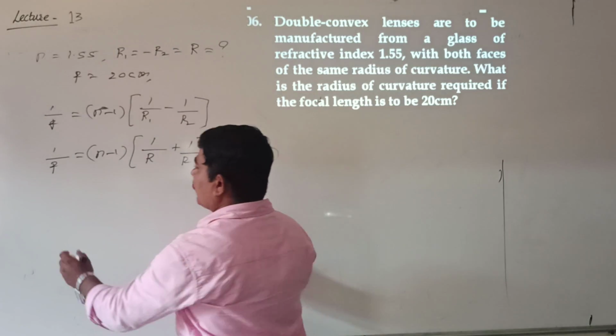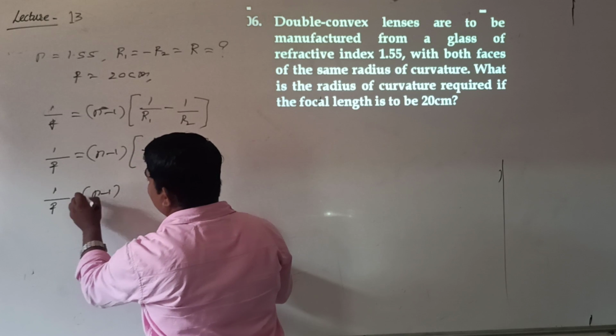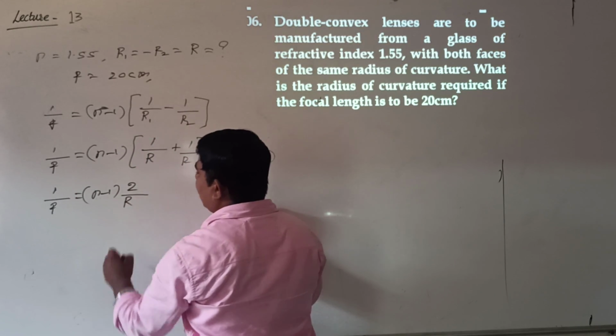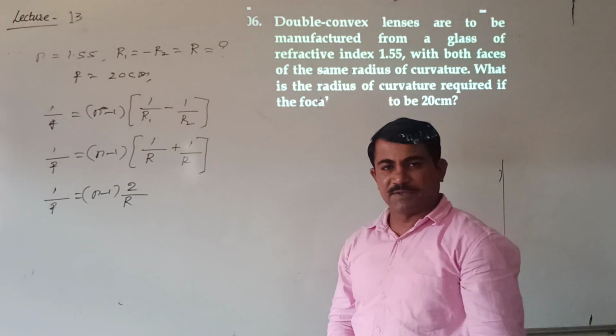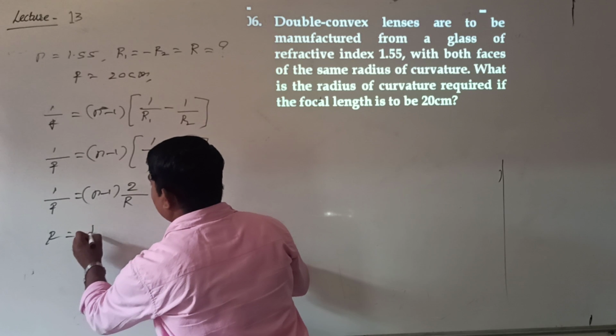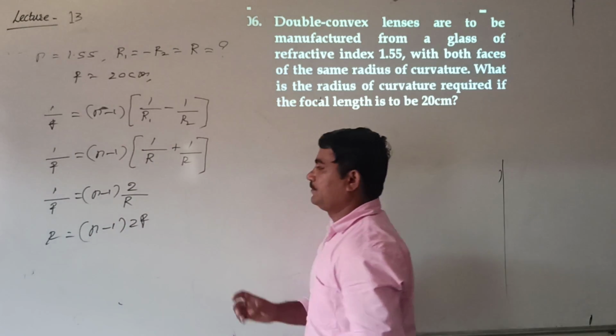Again you can modify this. 1 divided by f is equal to n minus 1, and the LCM is r, so that is 2 divided by r. What is the r value? From this, r is equal to n minus 1 into 2f.